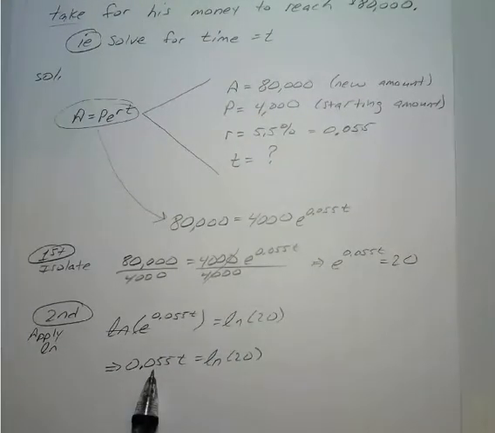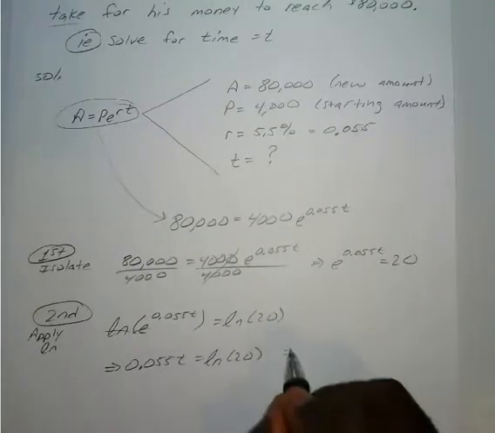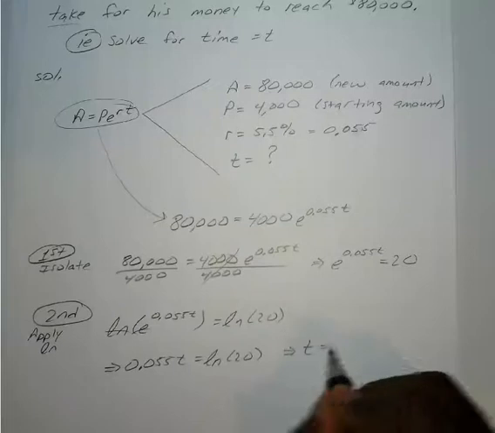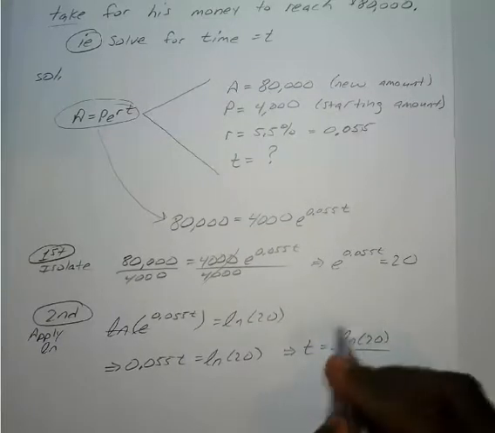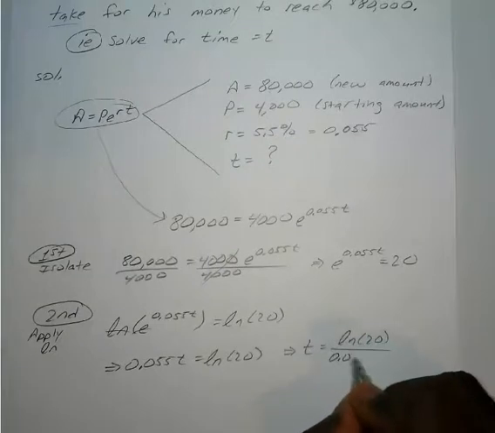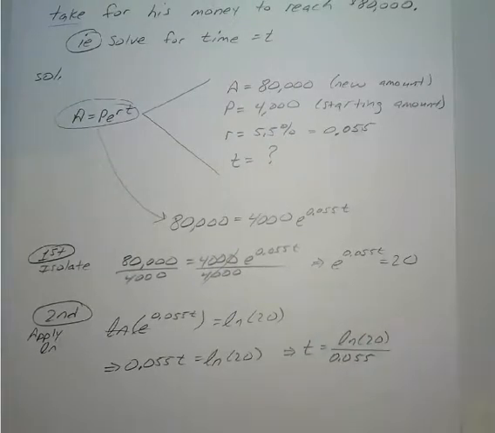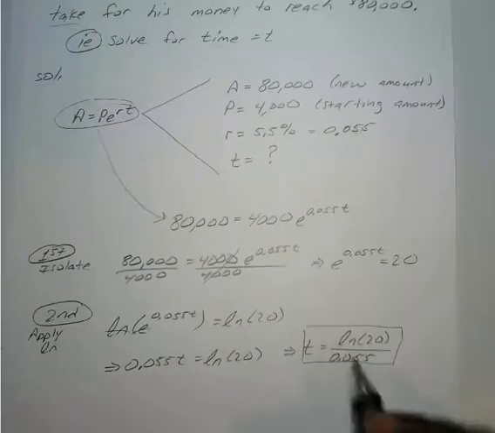So if we divide both sides by 0.055, that means t is equal to natural log of 20 divided by 0.055, which is your exact answer.